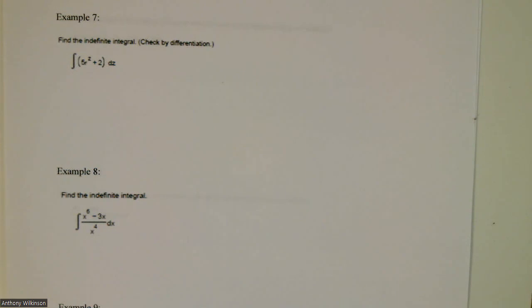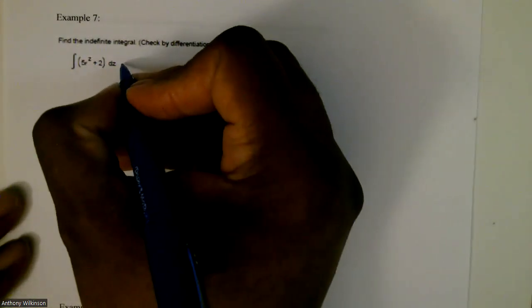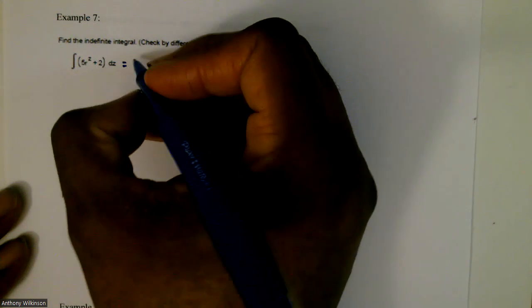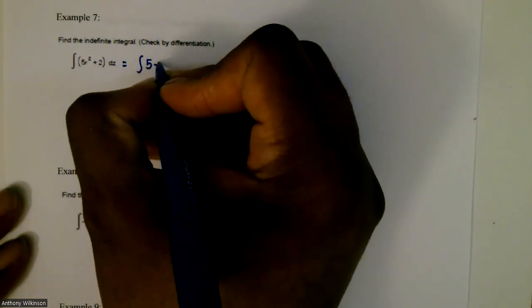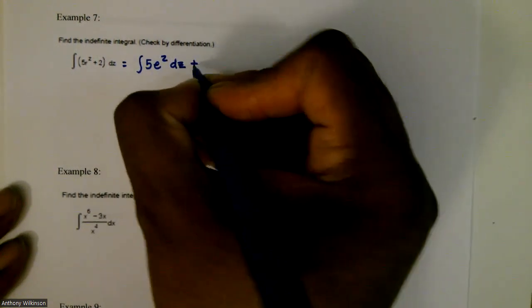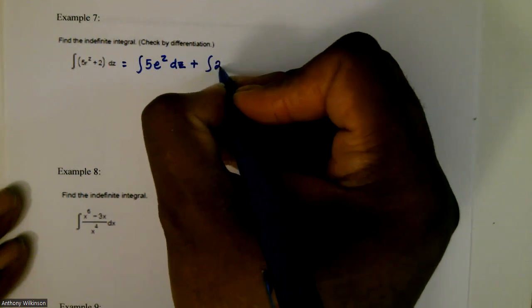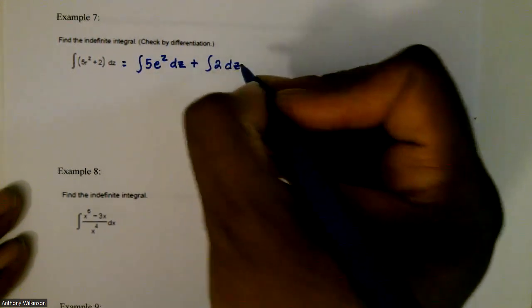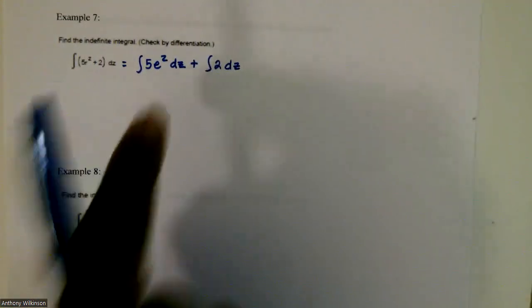Since I have the integral of a sum, I can write that as the sum of their individual integrals: the integral of 5 e to the z dz plus the integral of 2 dz.